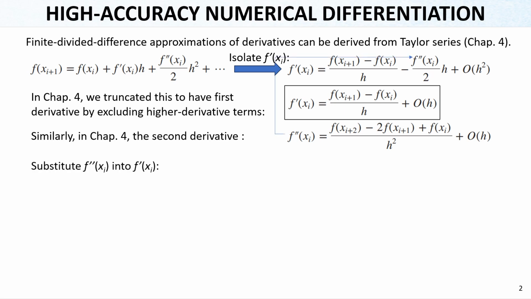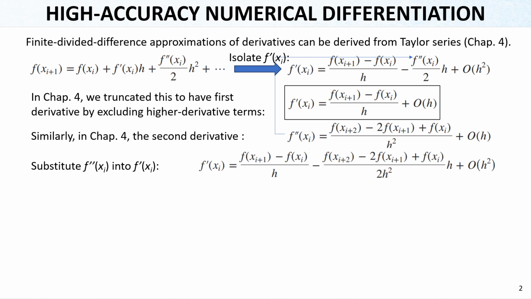When we substitute this second derivative finite divided difference function into here in the second derivative value, then we will be able to get this value here as well as this one here. And you can see we have now two finite divided difference approximations in one estimation of the first derivative.